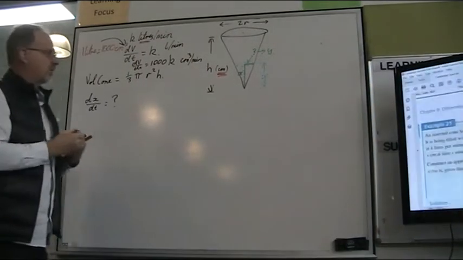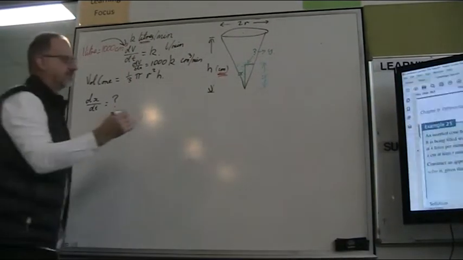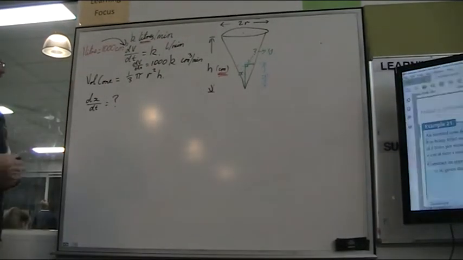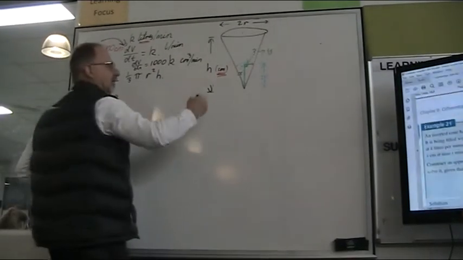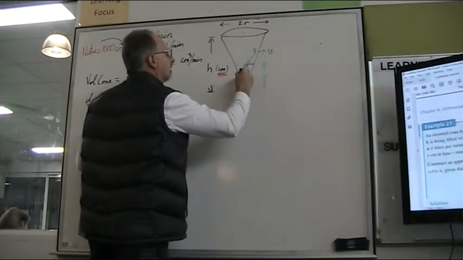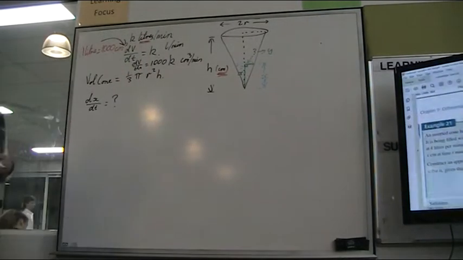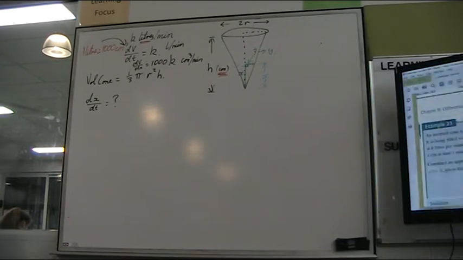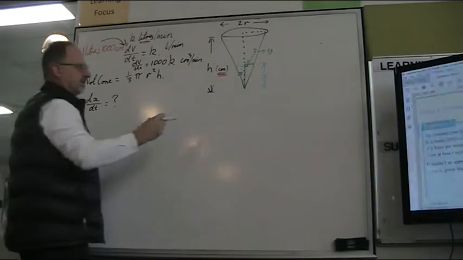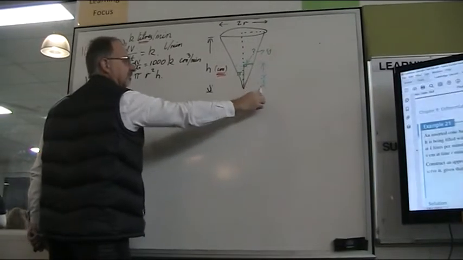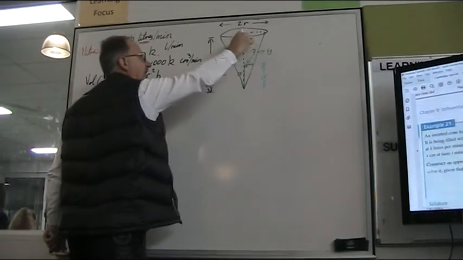The reason I'm going to call it y is that I now have two triangles here. I have this little one down here, which filled up a bit of the cone, and then I've got the whole cone.